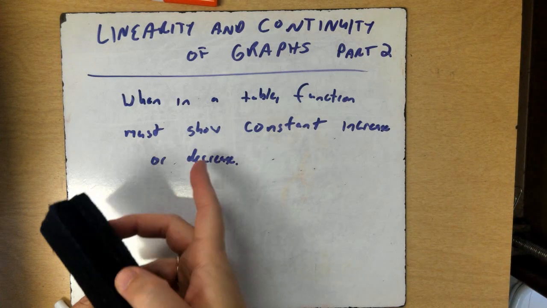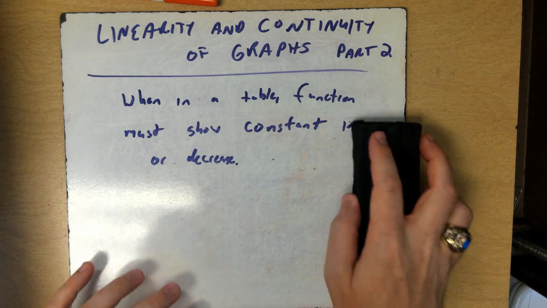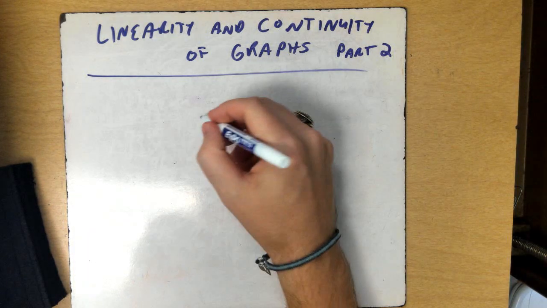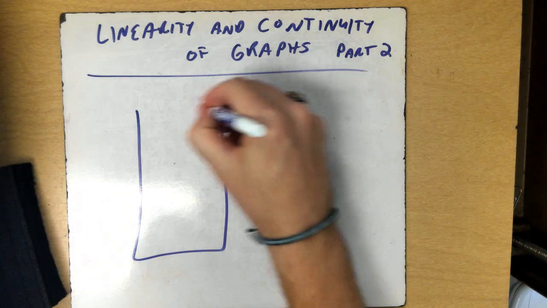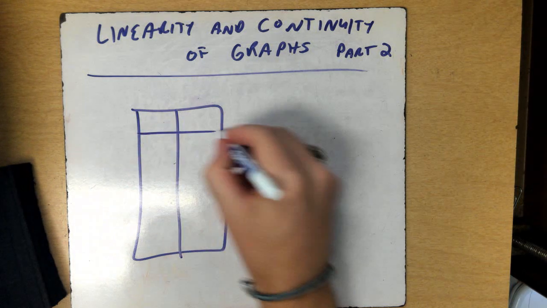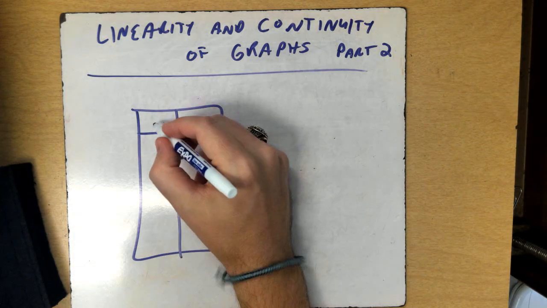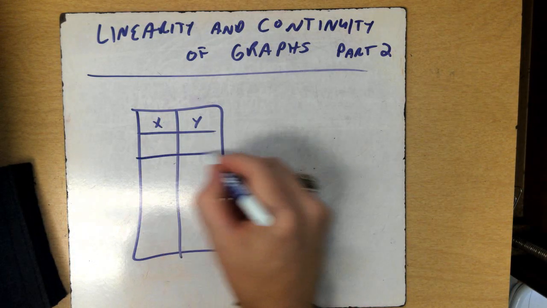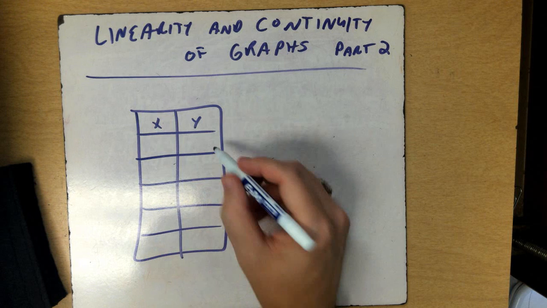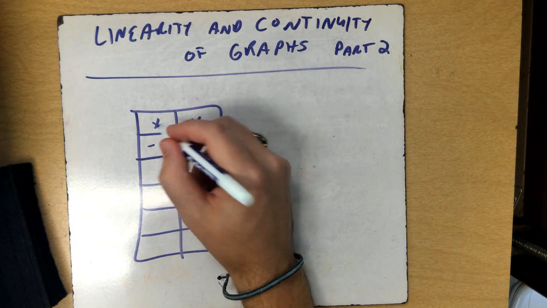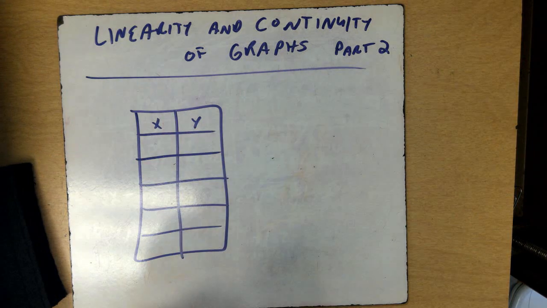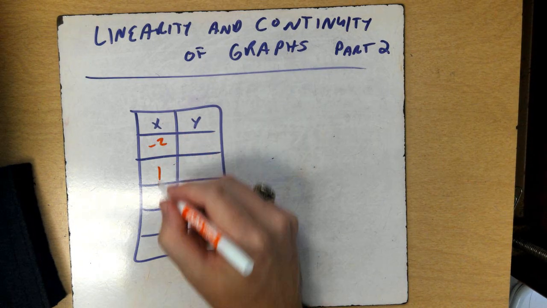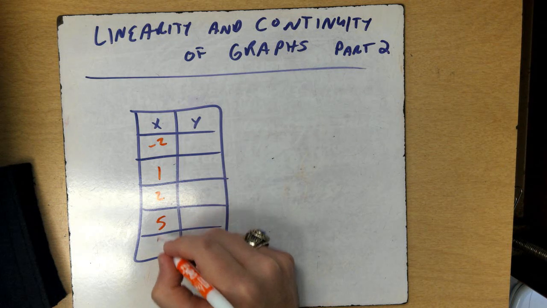I'm going to show you this definition down here. So what does this mean? Let's say we have a table of data, with x and y. For x we have -2, 1, 2, 5, 7.